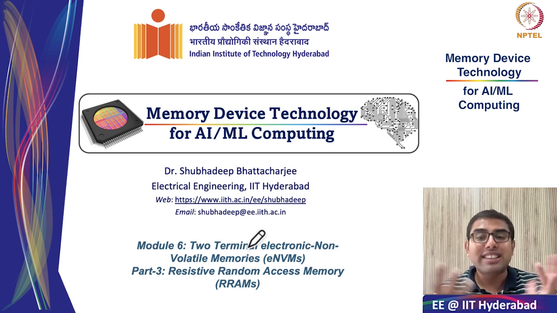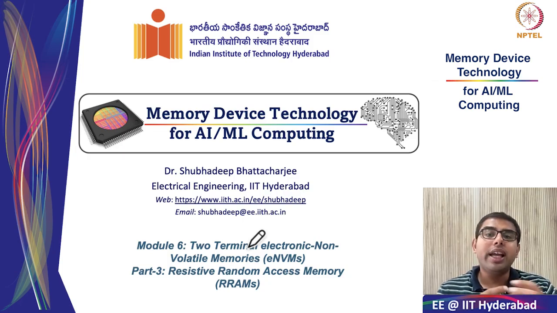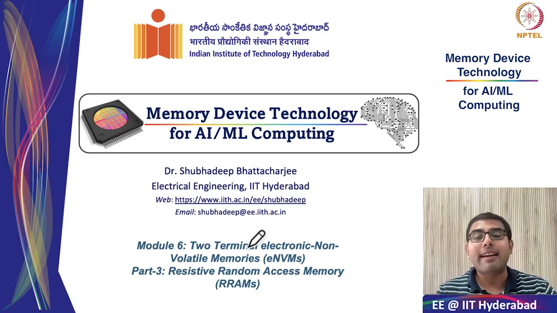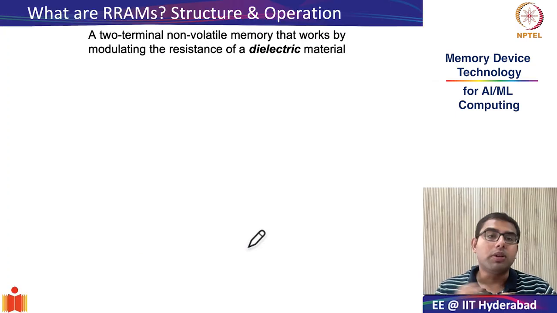Therefore, one reason for spending a little bit more time in RRAMs is this promise for a larger possibility of commercialization. The other reason is that the intrinsic mechanisms that are involved in RRAMs are a bit more diverse compared to other eNVMs. So we will see that as we go along.